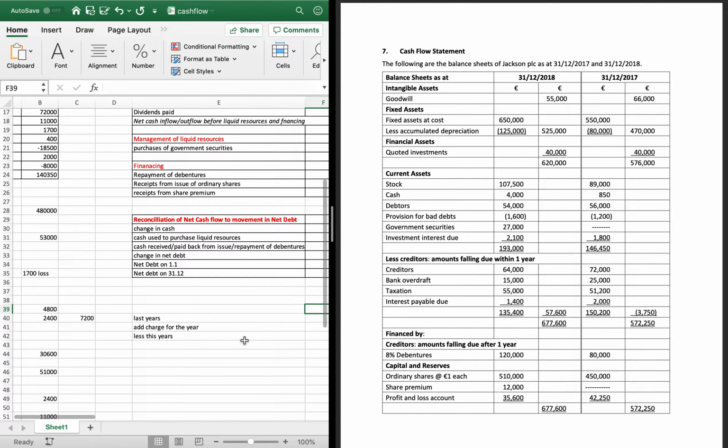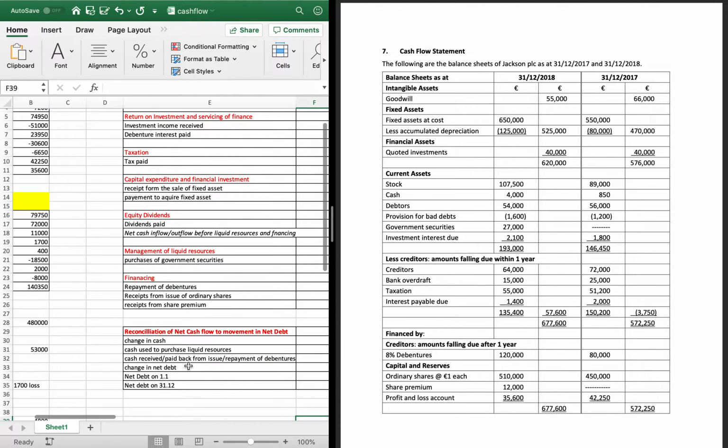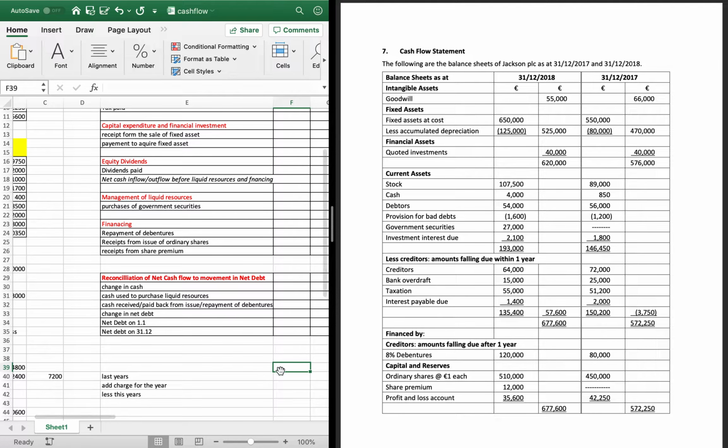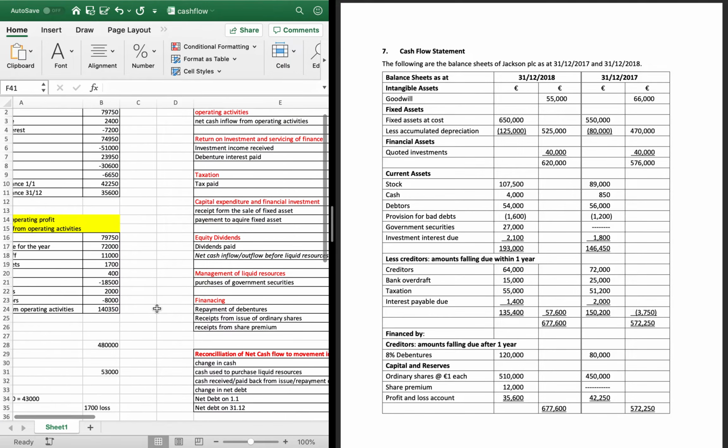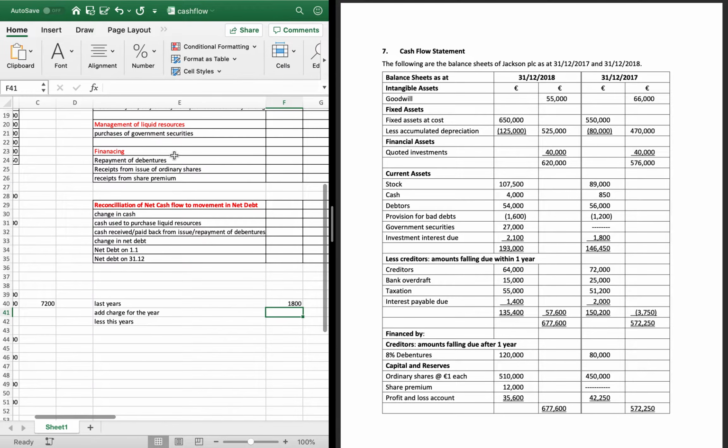So if we take our first one, which is investment income received. Last year, our investment income due is 1,800. So we're owed 1,800. Our charge for the year is what we worked out and put in our answer over here of 2,400. So we're supposed to get 2,400.